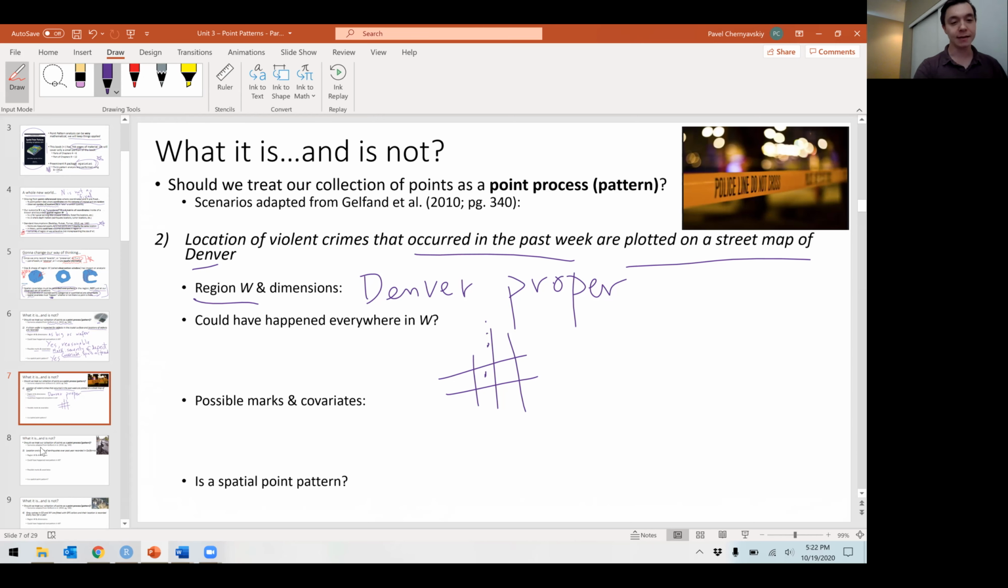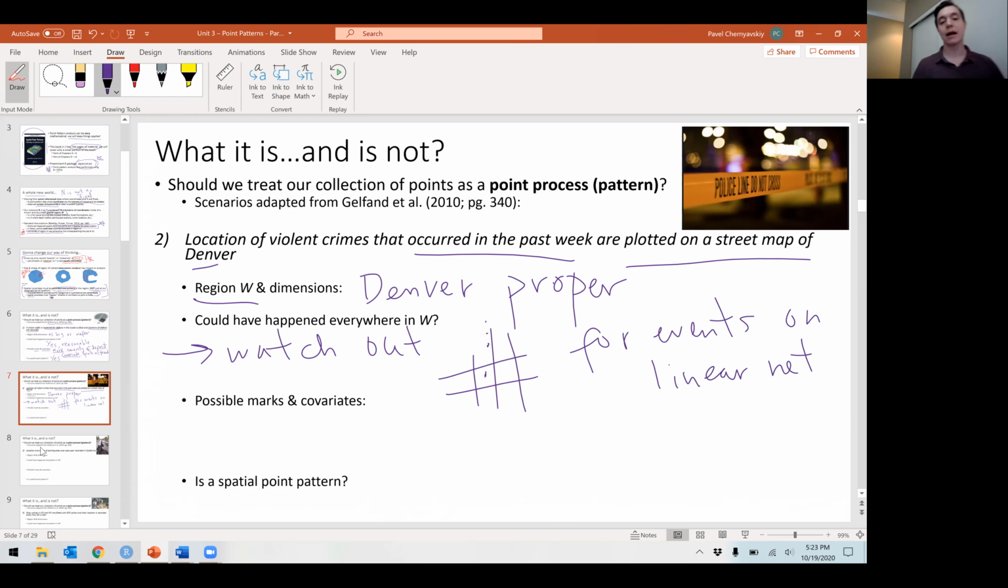There is a way, kind of like, watch out for events on a linear network. I don't think I will have quite the scope to cover this, but the idea being that the way you would find distances between locations would be quite different as well.